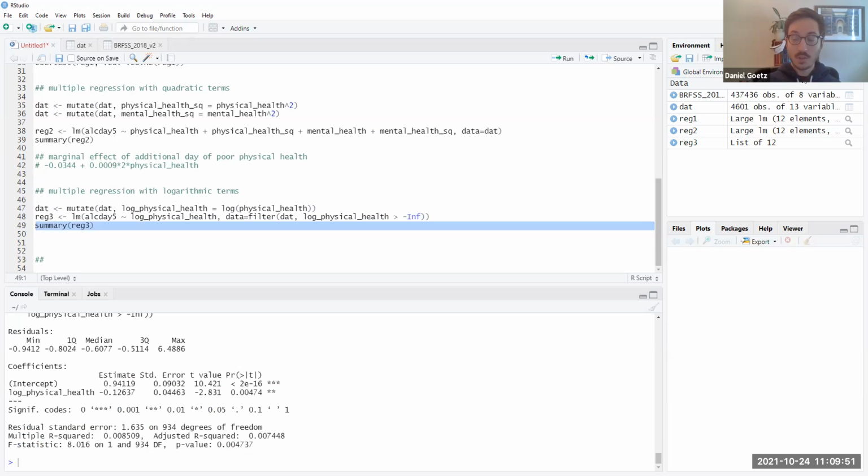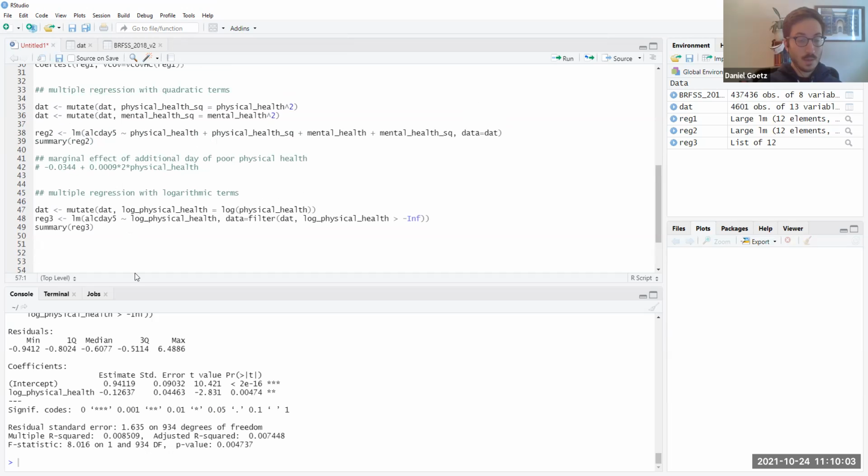You notice we've lost a ton of observations, right? We're down to 934 from about 4,000. Okay, so that's one thing to keep in mind. When a variable is 0, be it a y variable or an x variable, logging it, you're going to lose those observations where it's equal to 0.